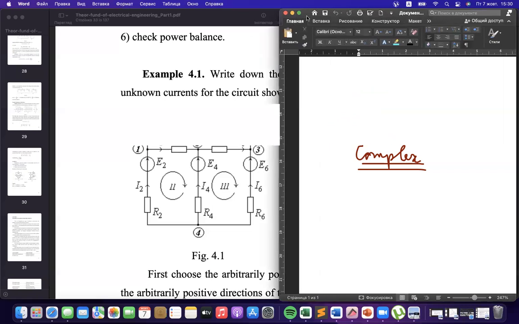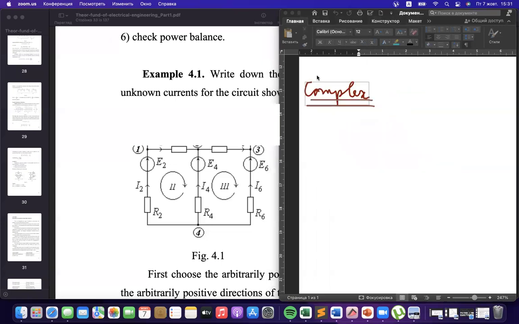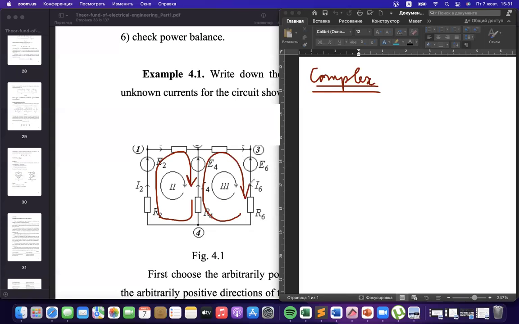We are writing the Kirchhoff law in the first circle, the Kirchhoff law on the second circle, and the Kirchhoff law in the point of current connection, on the node.